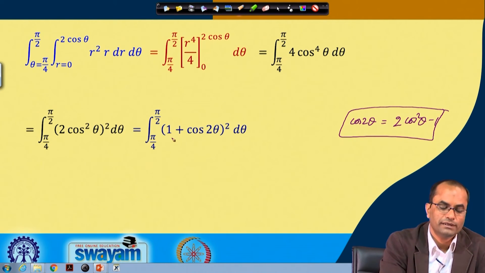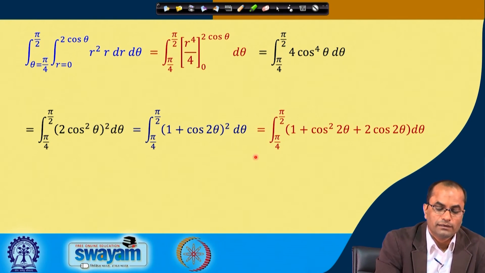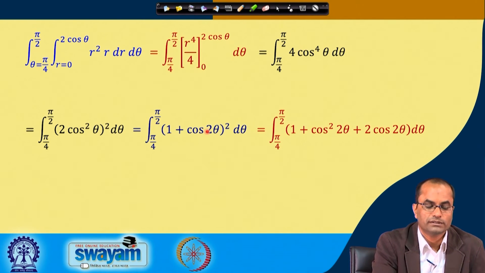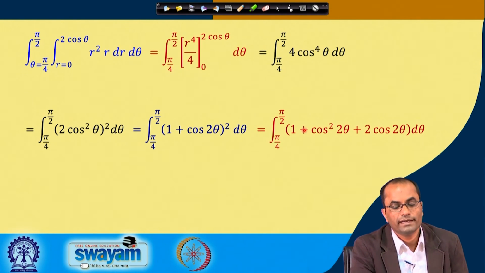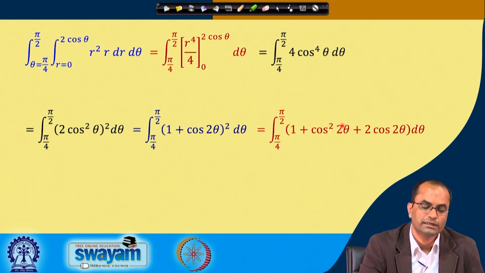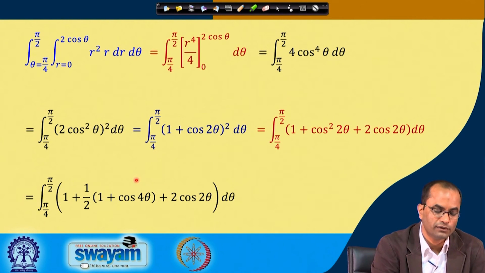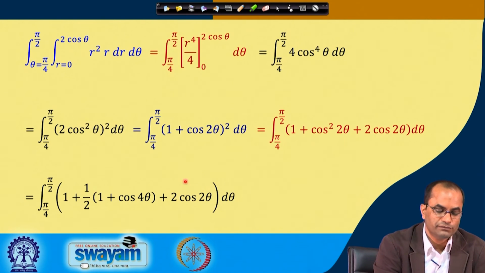With this relation we have converted into the 2 theta angle, and now we have to simplify further: 1 plus cos square 2 theta, and 2 times the product, so 2 times cos 2 theta. Again this square term has come up, but again we can convert it into the double angle. So, cos square 2 theta will be half of 1 plus cos 4 theta, and now we have everything here which we can integrate.